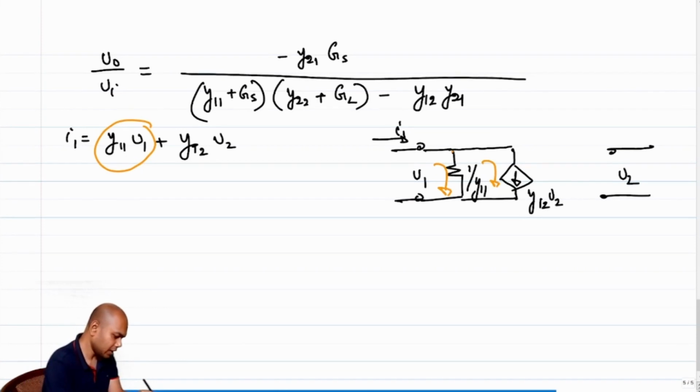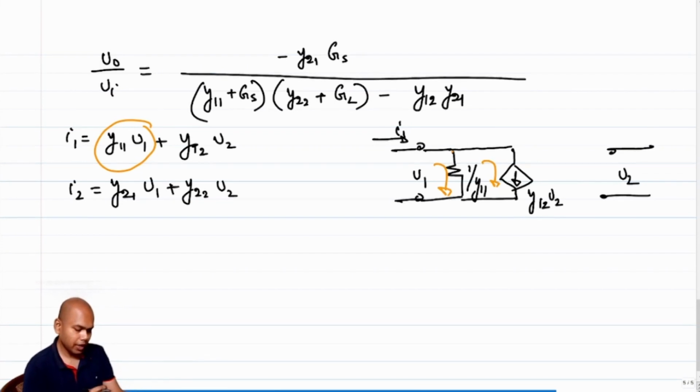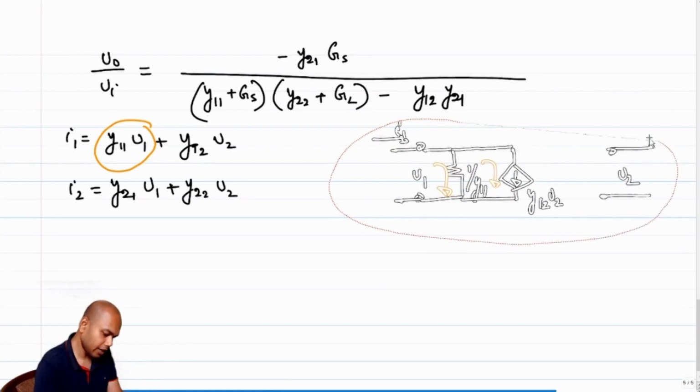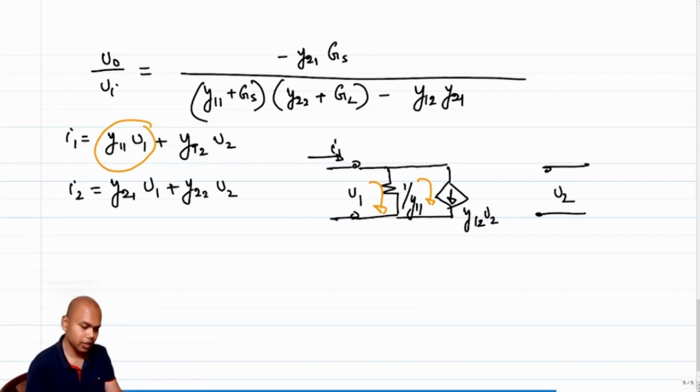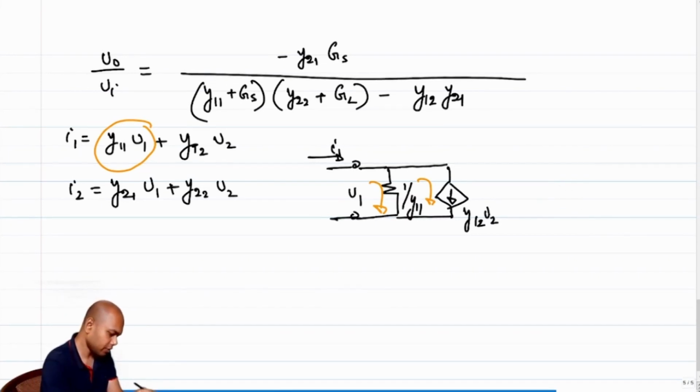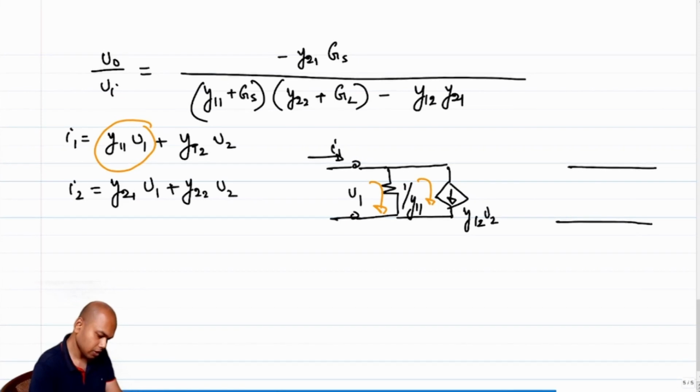Okay. Similarly, what is I2? I2 is y21 V1 plus y22 V2. So mathematically this is exactly like port 1, just that whatever we have done in port 1 we'll have to do in port 2. So let me make space for it. So this is V2.